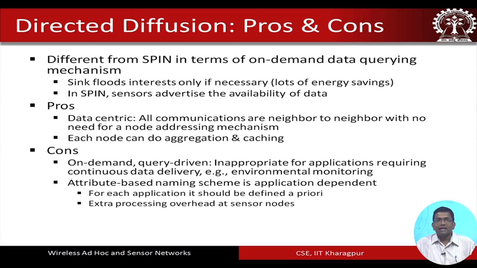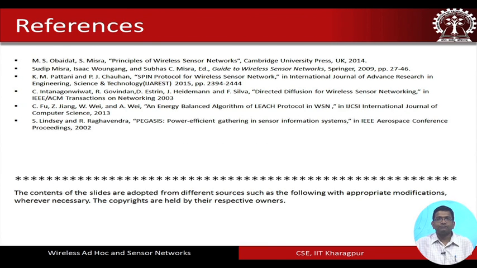The second disadvantage is that it is an attribute based naming scheme and is application dependent. For each application, it should be defined a priori what that application is about, and extra processing overhead is required at the different sensor nodes by adopting this particular approach.